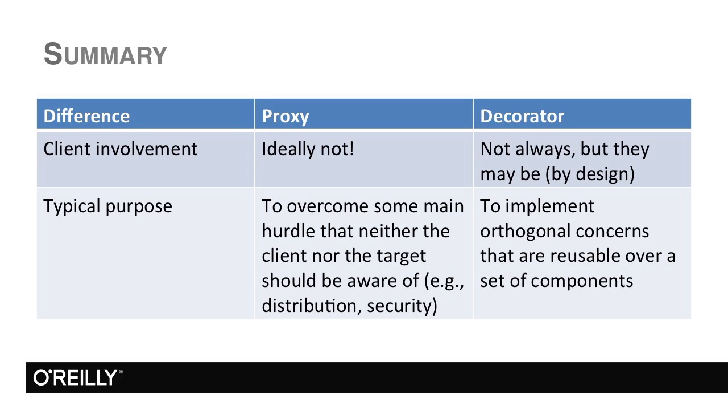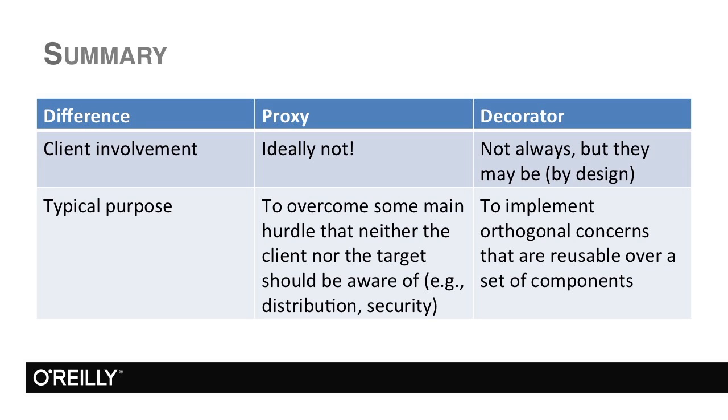It is my experience that having both patterns and being able to distinguish between them is quite useful when discussing with other designers. There have been cases in my designs when I introduced frameworks where the proxies and decorators are mixed. But when I do, I try to name the classes that implement them decorators or proxies based on their main purpose. The following table shows how I make the distinction.